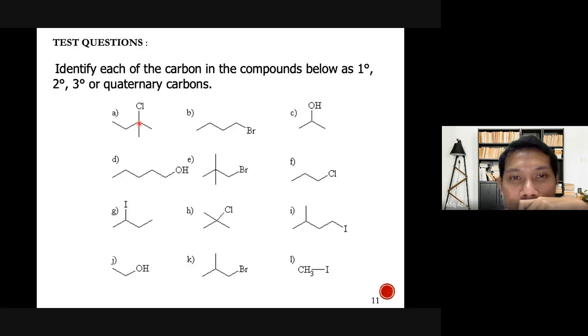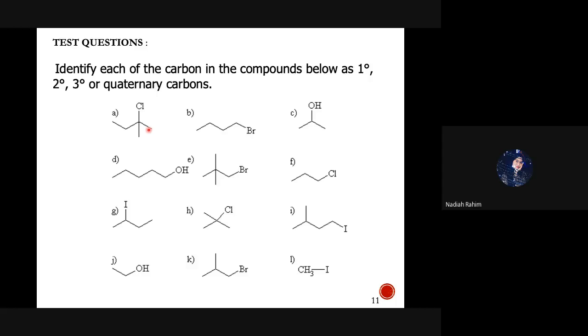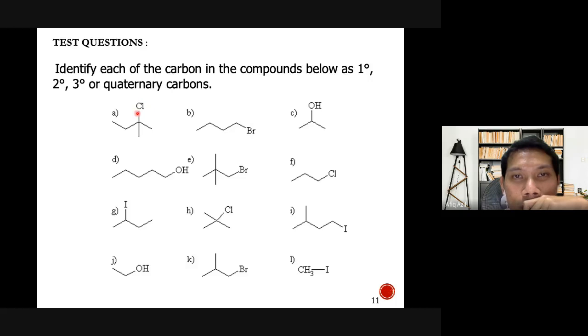Like I showed earlier, the first example, this one is tertiary because it is bonded to 1, 2, and 3. This is not counted because it is another type of atom, which is chlorine. Remember, primary, secondary, tertiary, quaternary can only be determined if that particular carbon is bonded to other carbons. Okay, let's try C.